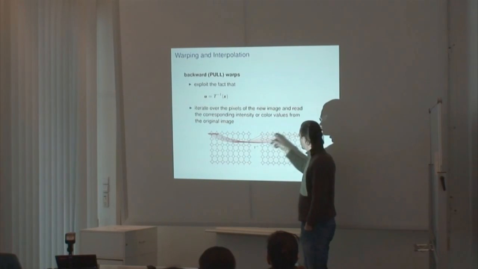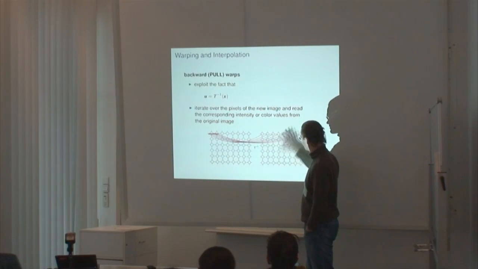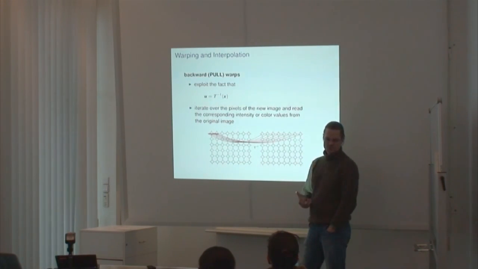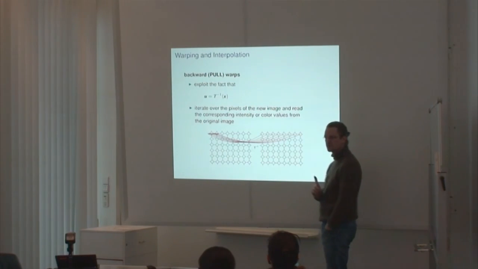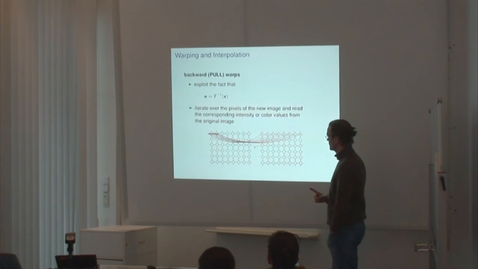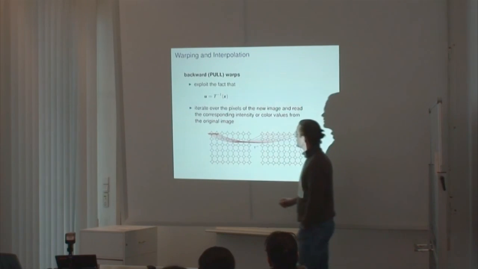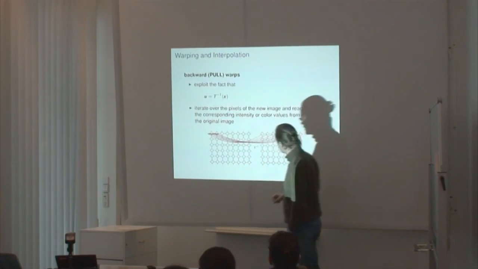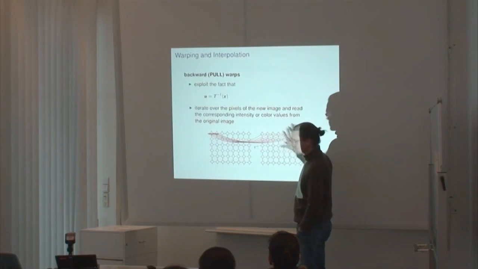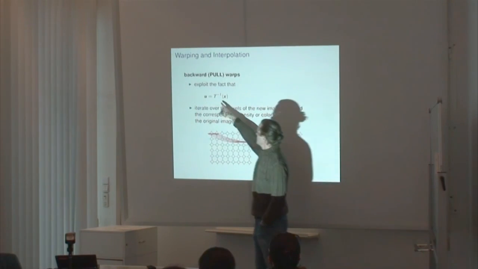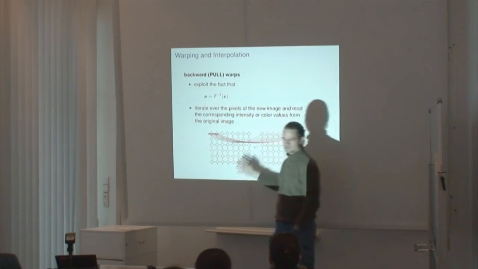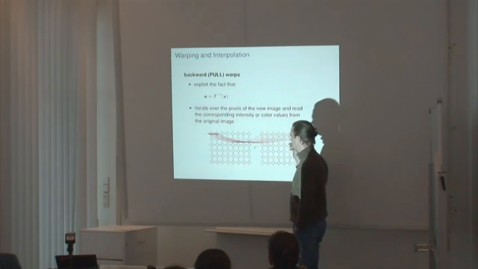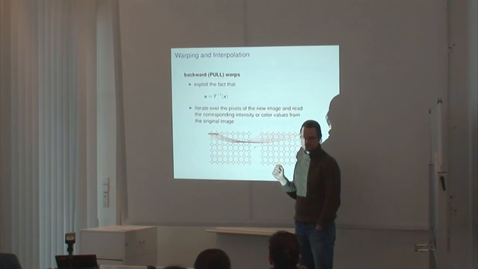And for every pixel at a certain coordinate, we would apply the inverse transformation, the inverse function of what we're actually interested in doing. So instead of computing x from applying t to u, we consider a certain x and apply t inverse to get a certain u, and then read the corresponding intensity value from there.